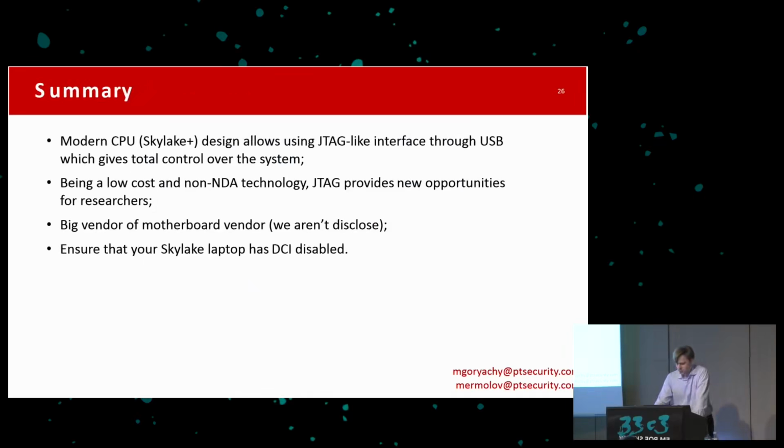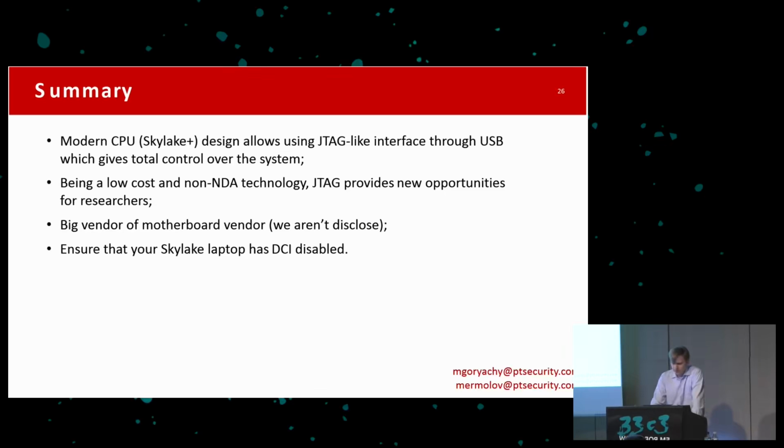Modern CPUs allow using debugging tools through USB 3 available on numerous platforms. These tools make it possible to control a system totally, making the technology attractive not only for debugging and research, but also for deploying hardware Trojans.